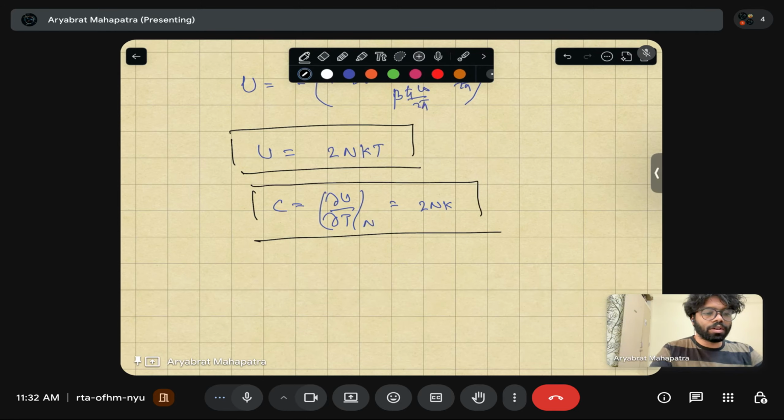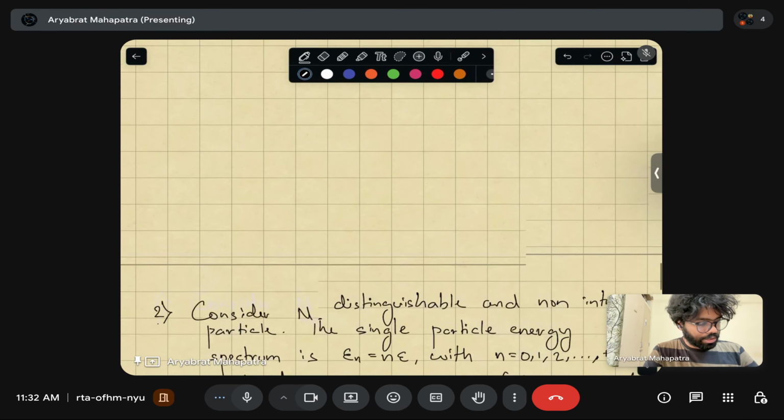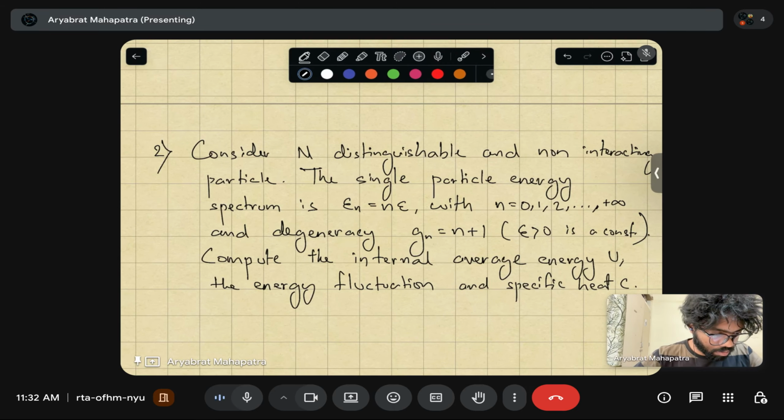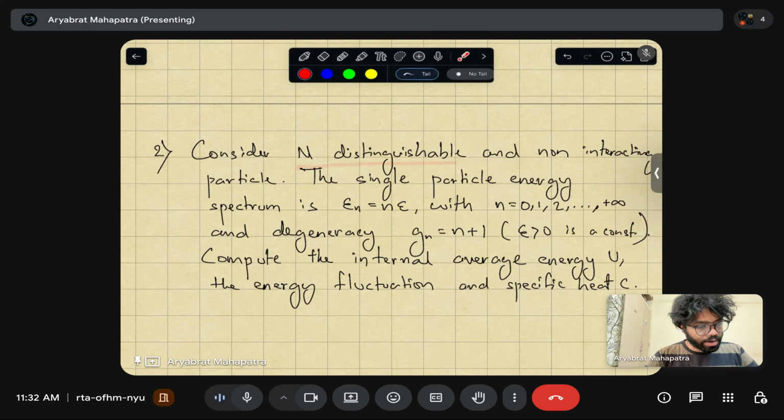Okay, so then we can see the next one. Here it is given that you have n distinguishable and non-interacting particles.